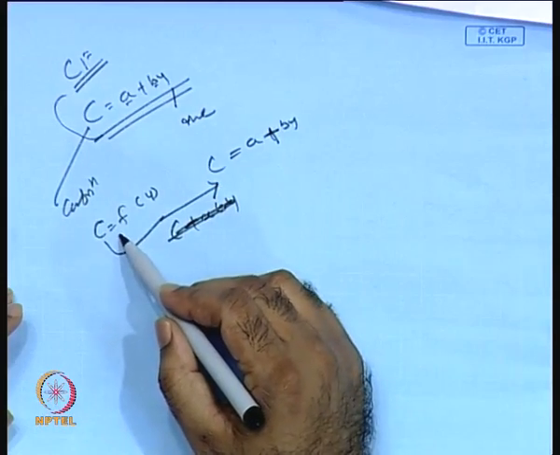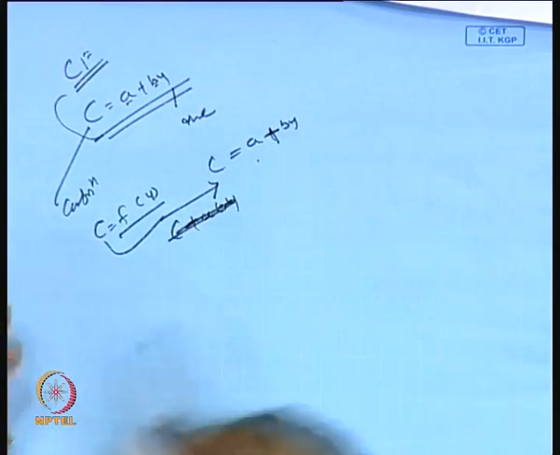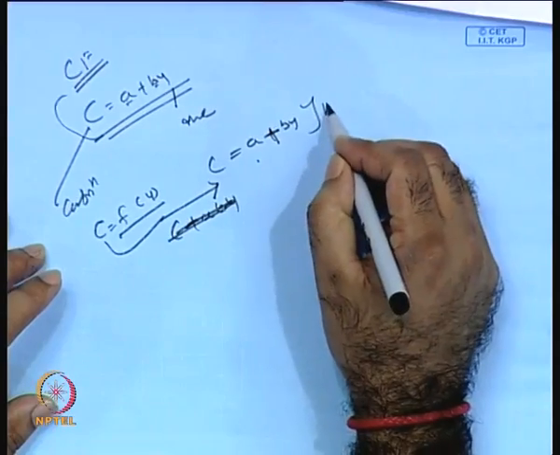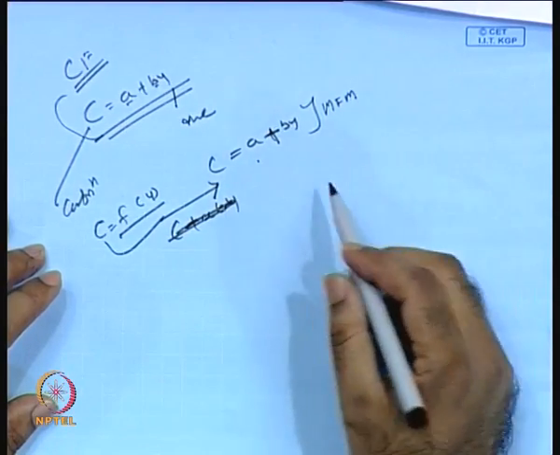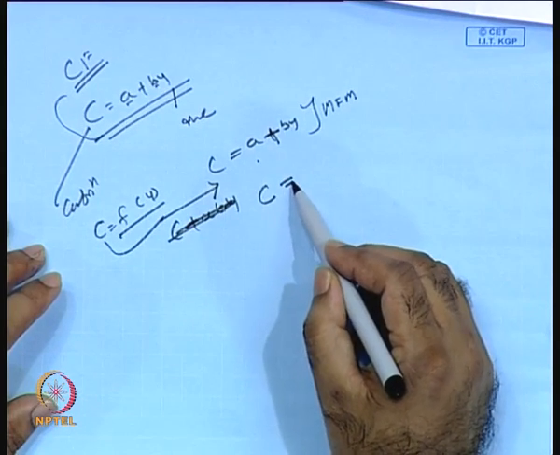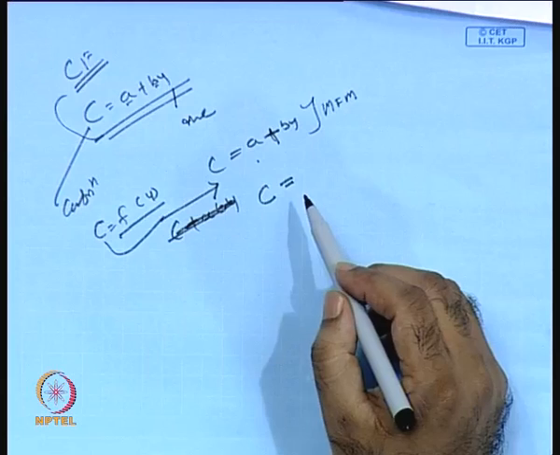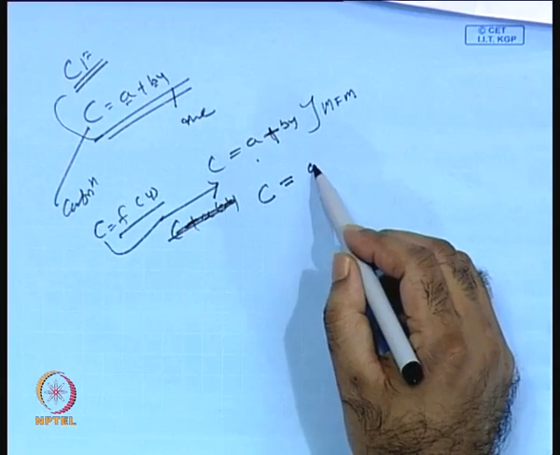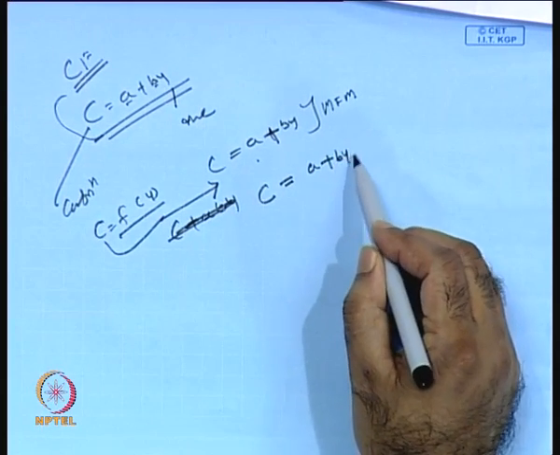I will put it in explicit format here: C equals A plus B y. This is called the mathematical form of the model. Now, what I will do is transfer this model into a statistical form of the model. The moment I transfer it into statistical form, the model will be rewritten as A plus B y plus u.